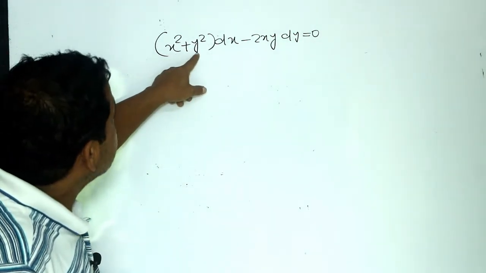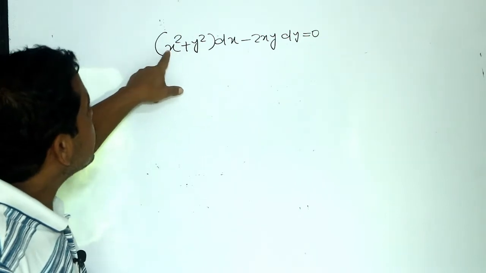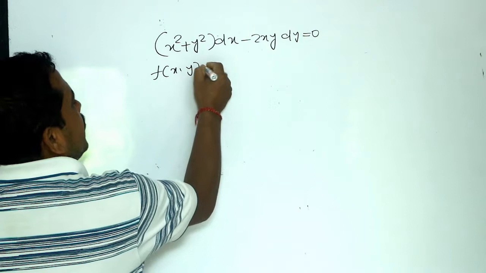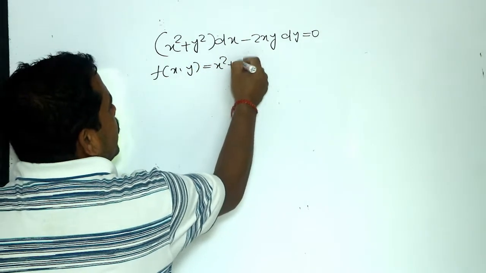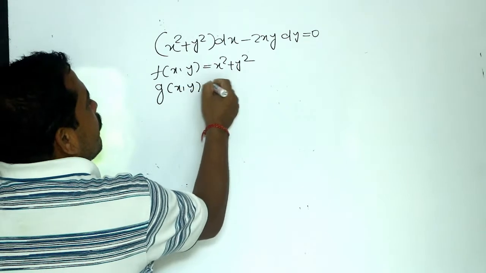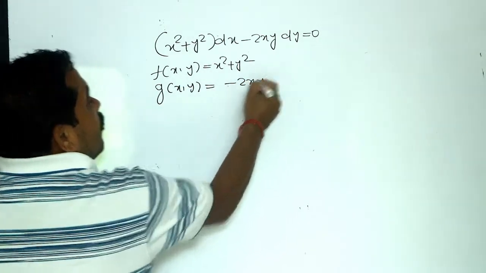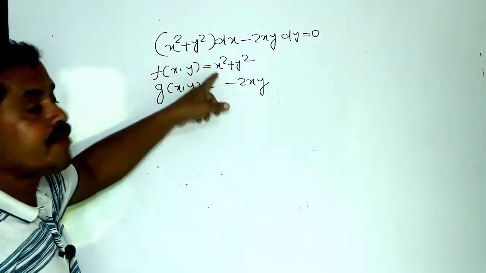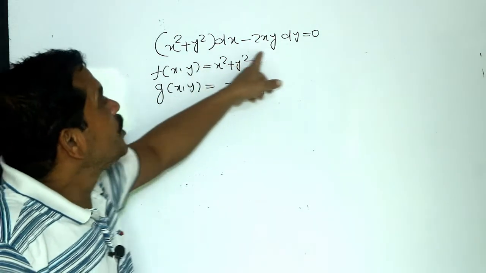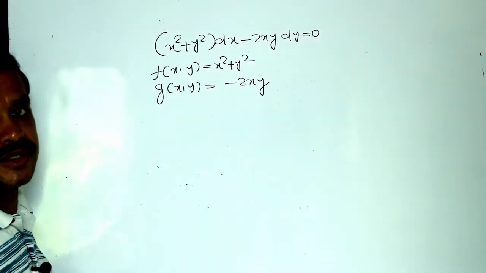Here the function f(x,y) is x² + y², and g(x,y) is −2xy. Both are homogeneous functions of degree 2. So it is a homogeneous differential equation.